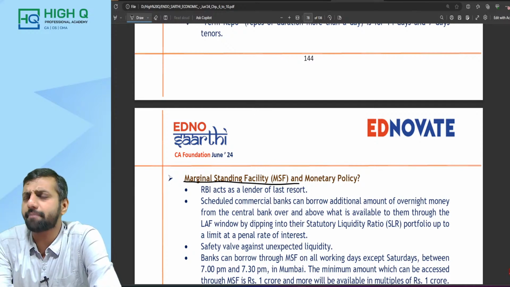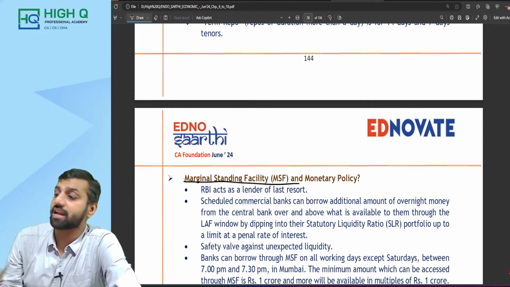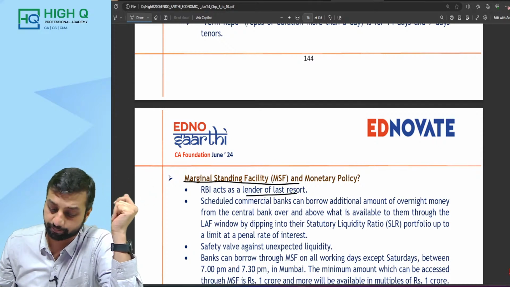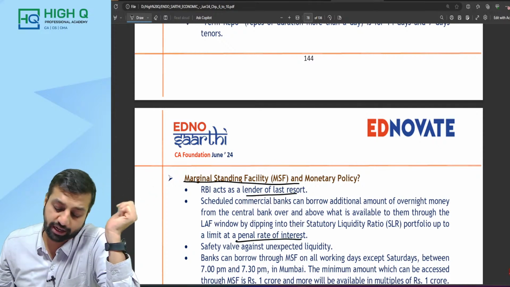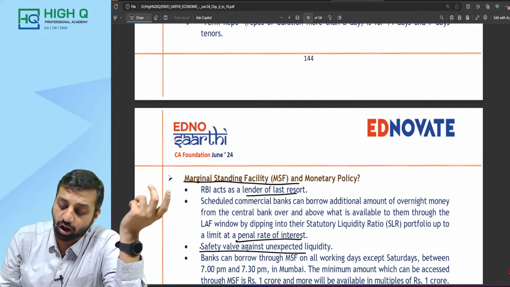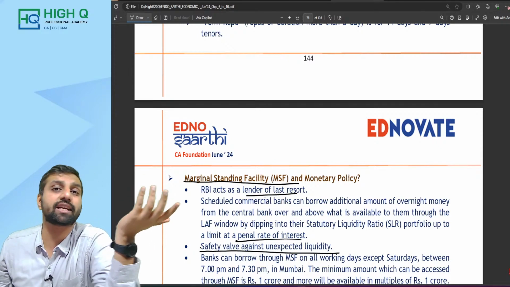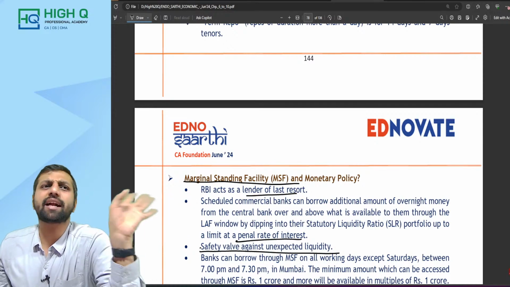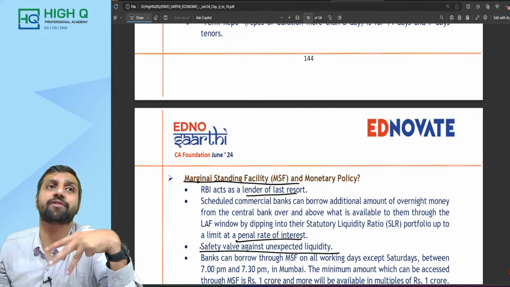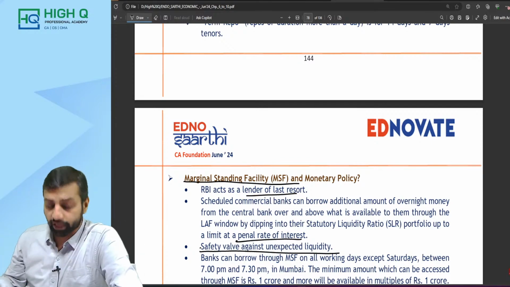You go for an MSF, marginal standing facility. RBI is the lender of last resort. You have to pay a penal rate of interest. It is a safety valve against unexpected liquidity crisis. So you felt that there is enough liquidity, but one fine day you realize that you are falling short of money.